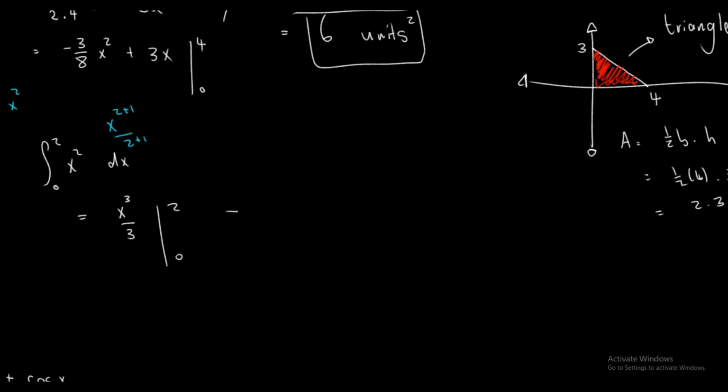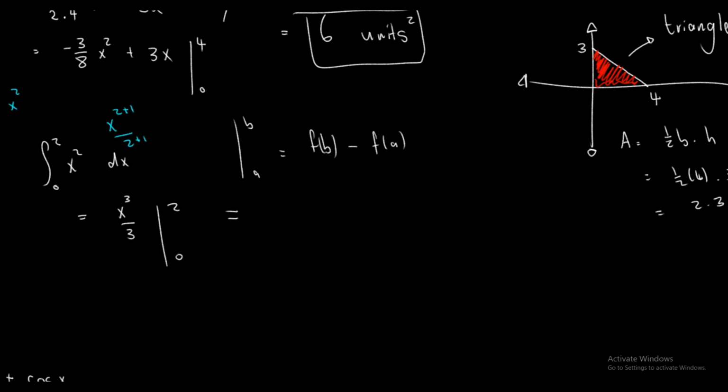So now I can say, well, F of b minus F of a, remember, we're using b minus a. So we can therefore say F of b minus F of a, the upper function and the lower function. Okay, so very simple. What we can do is we can substitute our values.